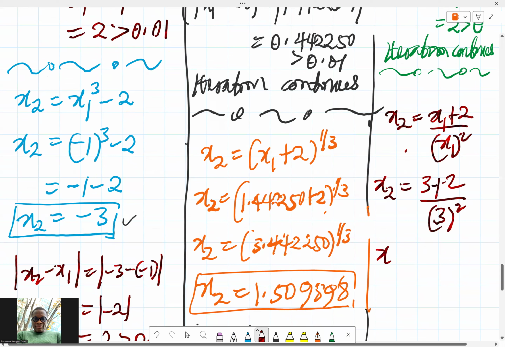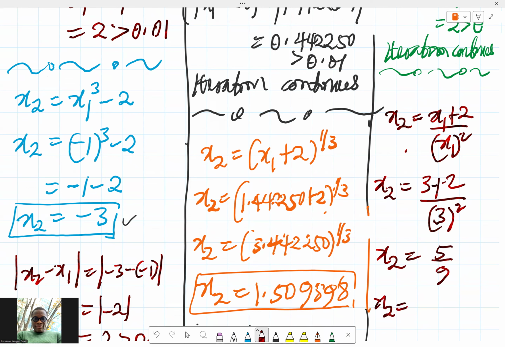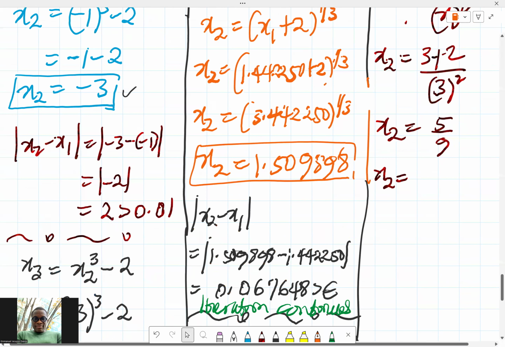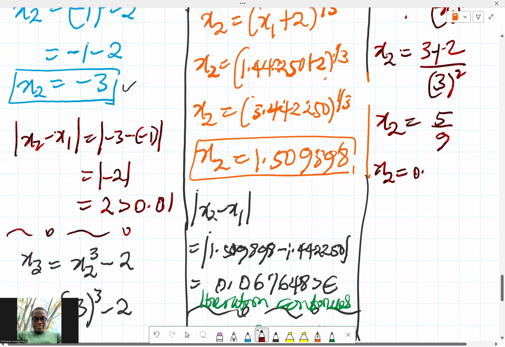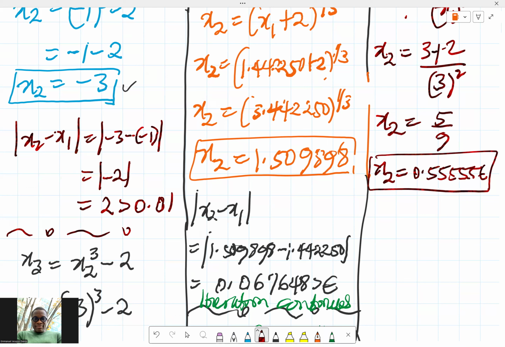That means x2 is equal to 5 over 9. You can leave it as 5 over 9, but it's also 0.555556. So this is x2.